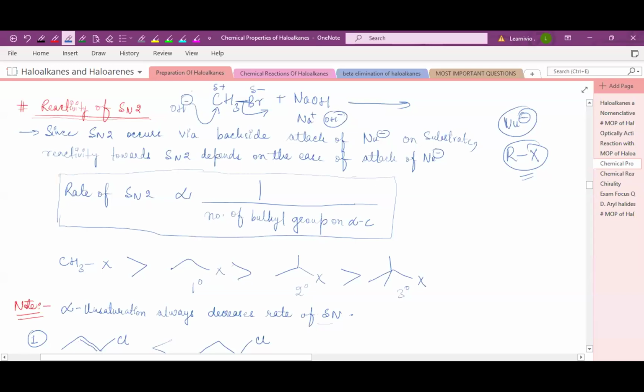So what happens? यहाँ पे substitution होता है, bromine को कौन replace करेगा? OH group, and you will get CH3OH and NaBr will be formed. So that is the nucleophilic substitution reaction 2, bimolecular nucleophilic substitution reaction. Clear, Hossein and Lubna?